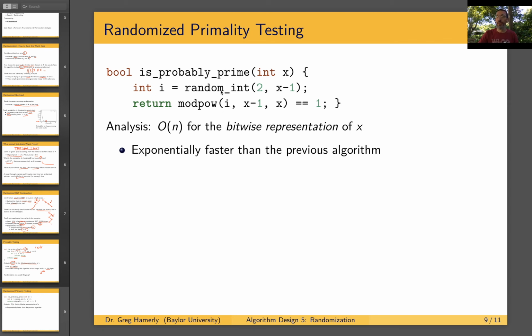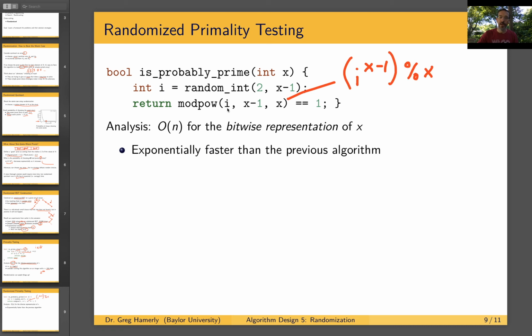Well, it exploits something called Fermat's Little Theorem to determine if some randomly chosen factor i, and we choose that randomly, uniformly between 2 and x minus 1, okay? We take that and we compute i to the power x minus 1 mod x. So this modPow is shorthand for i to the power x minus 1, all of that mod x.